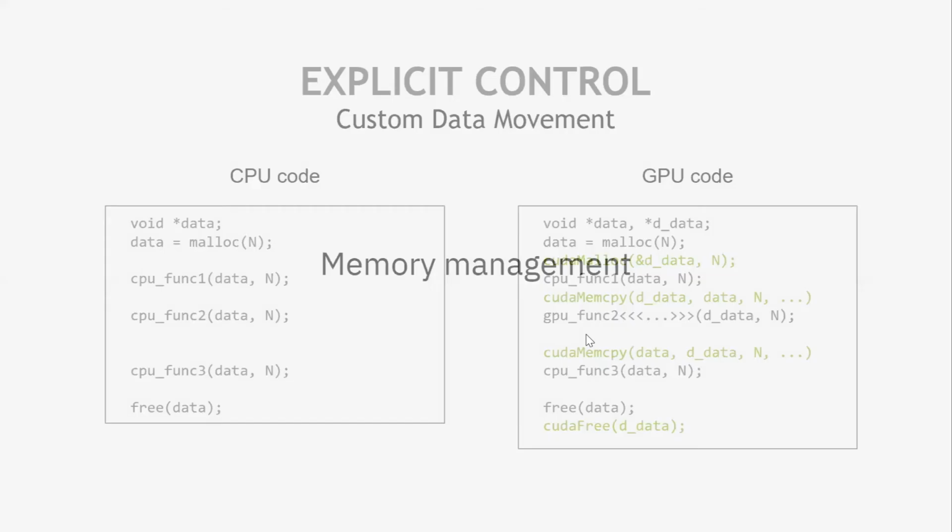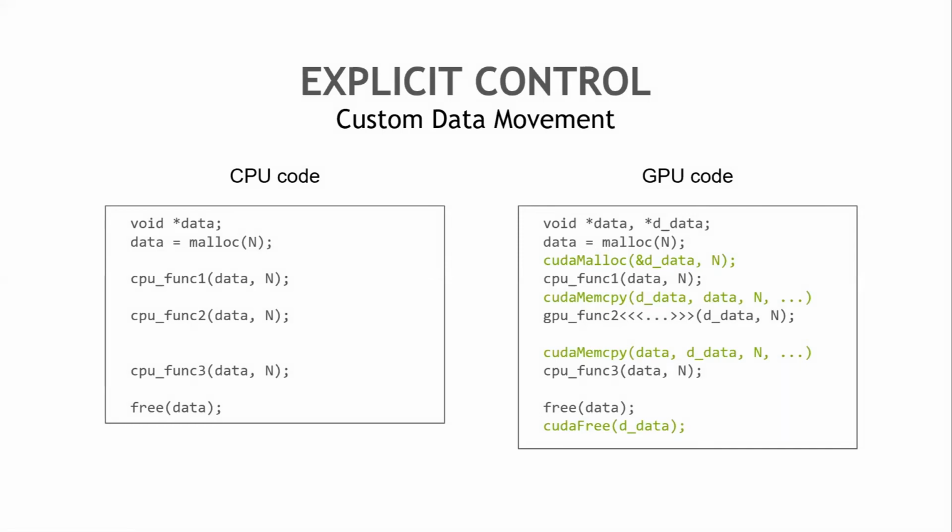So memory management is one of the key issues with using accelerators. That's what makes life good for a non-hybrid homogeneous cluster. It's easier because you don't have to think about what you are doing with your data. If you do explicit control with traditional CUDA code, you will have to allocate an array, then copy the data that you want from the host to the device.